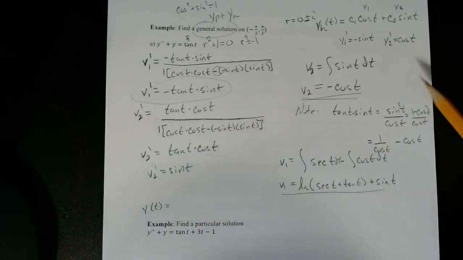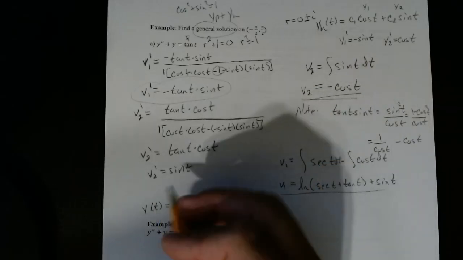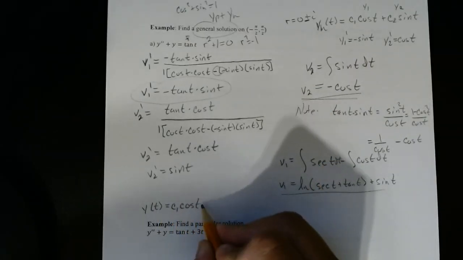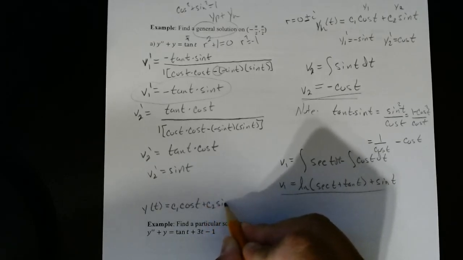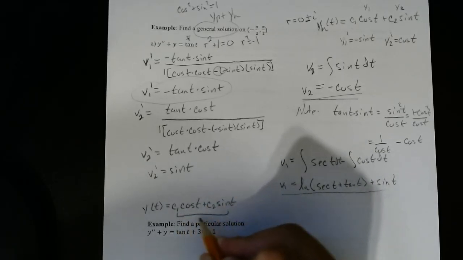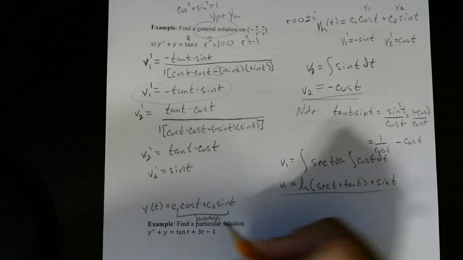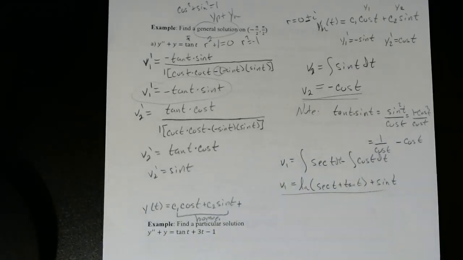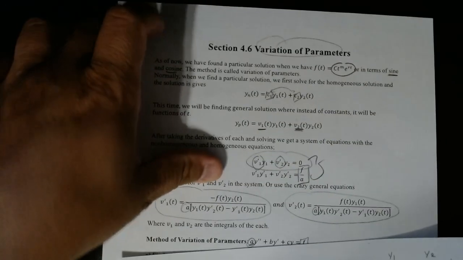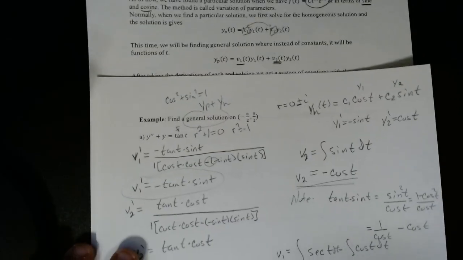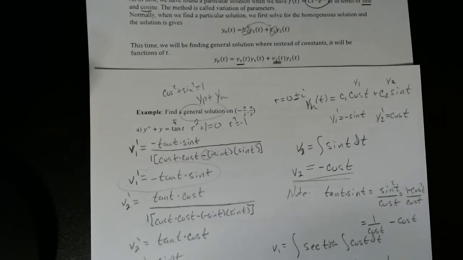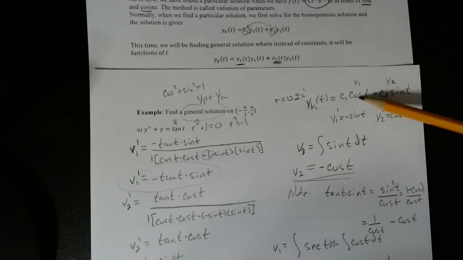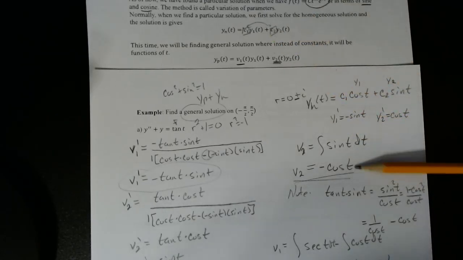will be the first two from our homogeneous part, and then plus, this is where this comes into play. That part right there. So it's going to be V1 times this, and then V2 times that.